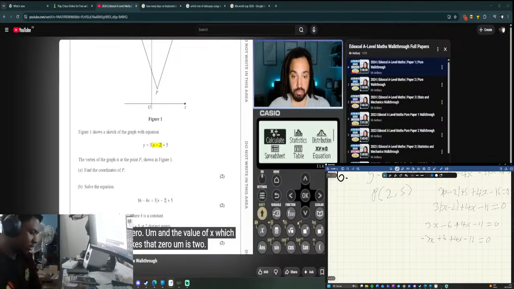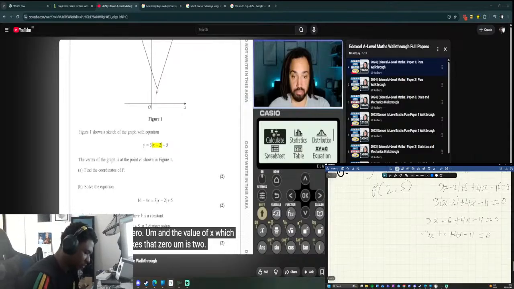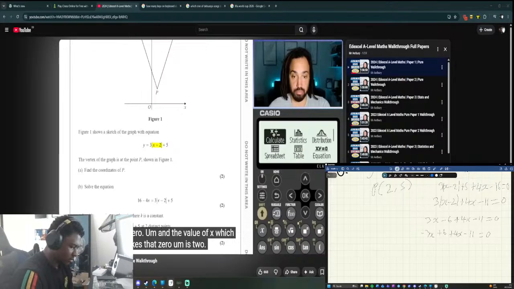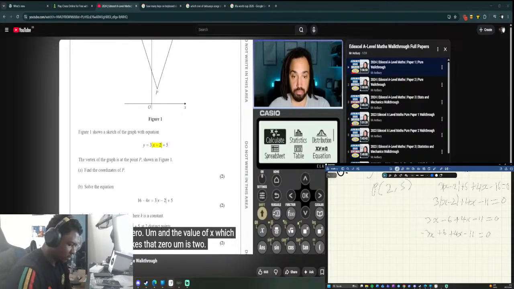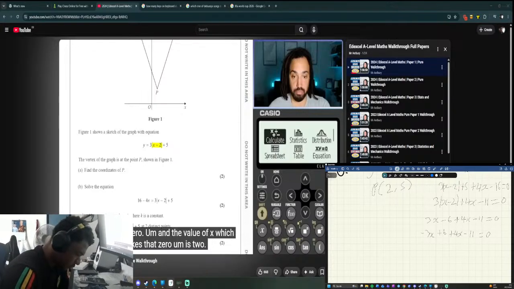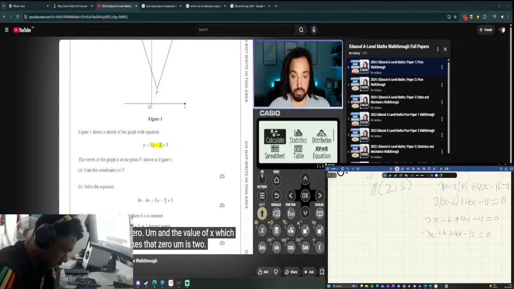So these are the two answers we got. On the first one, 3x plus 4x is 7x, minus 6 minus 11 gives us minus 17, so 7x minus 17. So in the first one, x equals 17 over 7.